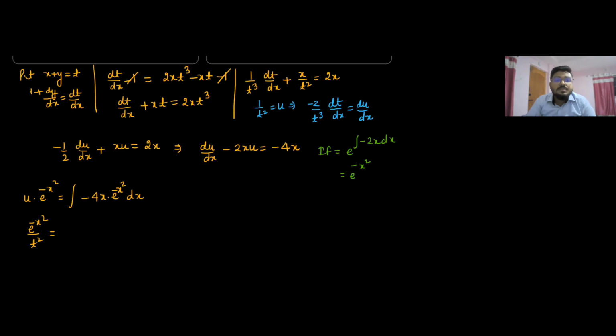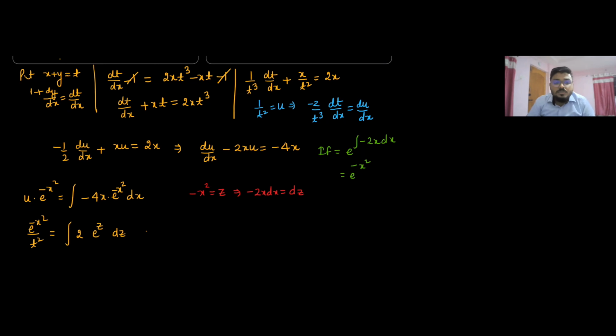So here if I substitute this minus x square as let's say z. So minus 2x dx is dz. So now this integral will be reduced to minus 2x dx. So 2 is remaining, everything is dz and is left with e power z.